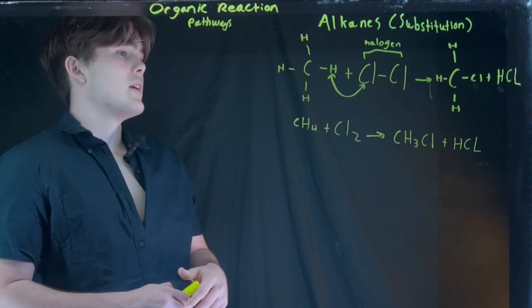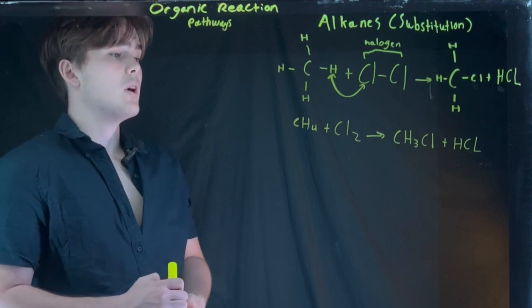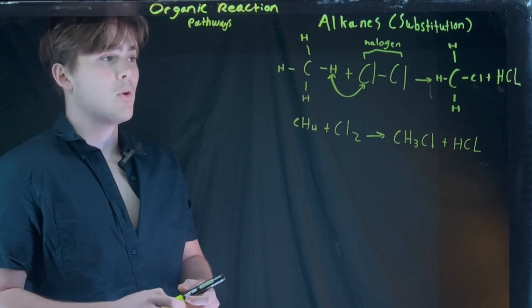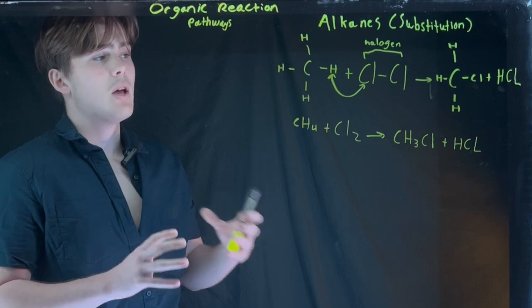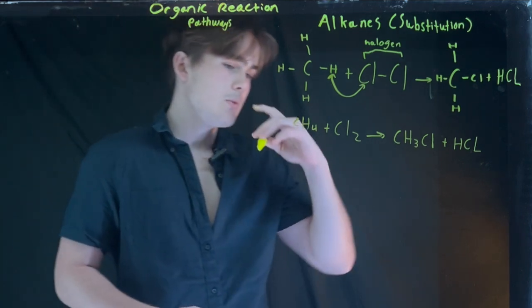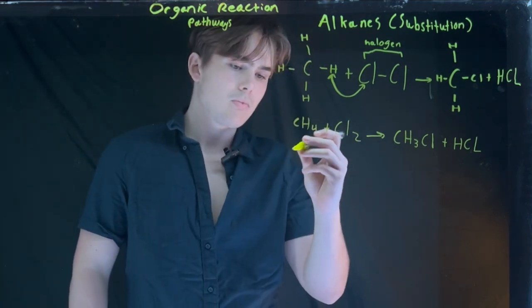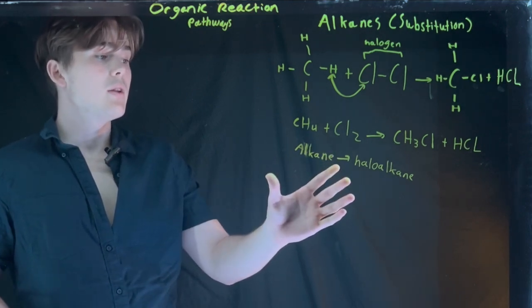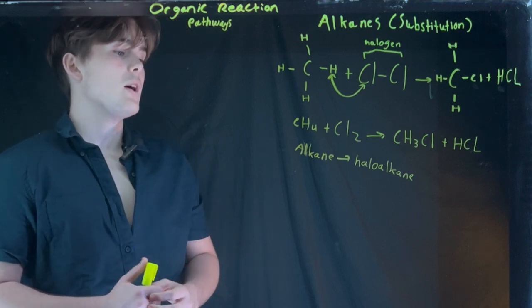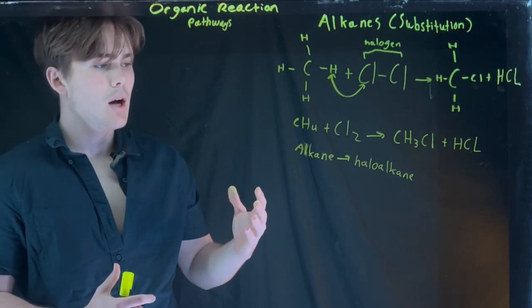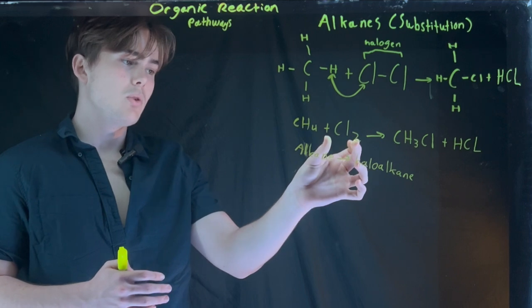Alright, so that is how a haloalkane can be formed from the reaction between an alkane and a halogen. It shows an alkane becoming a haloalkane. That alkane is reacting with a halogen, chlorine.